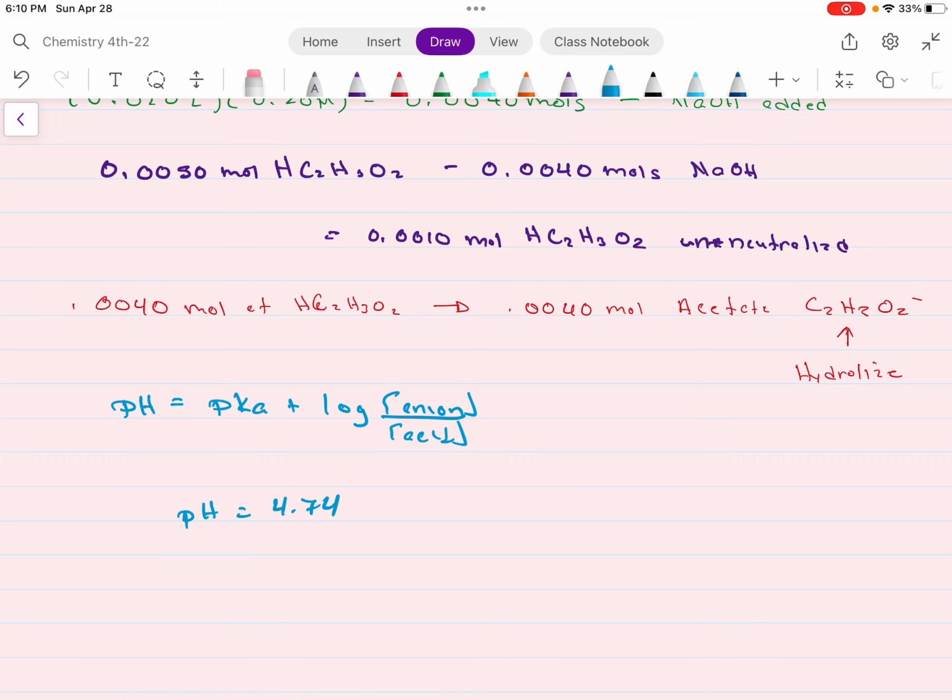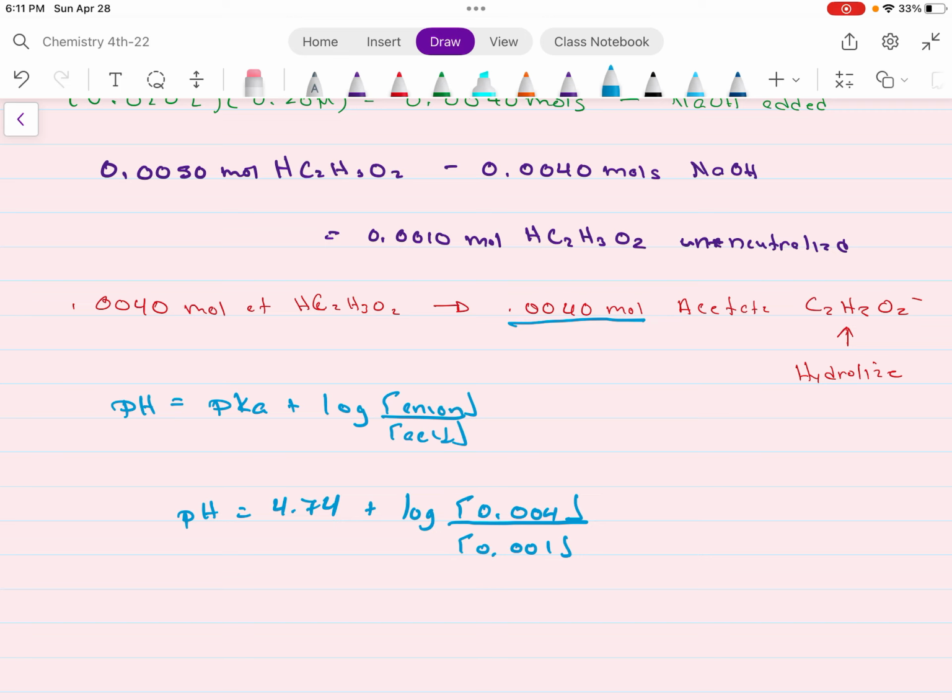It's 4.74, plus the log of the amount of anion, in this case, 0.004, over the amount of acid. This is the amount of acid still in solution that has not been neutralized, and that's going to be the 0.001, okay?